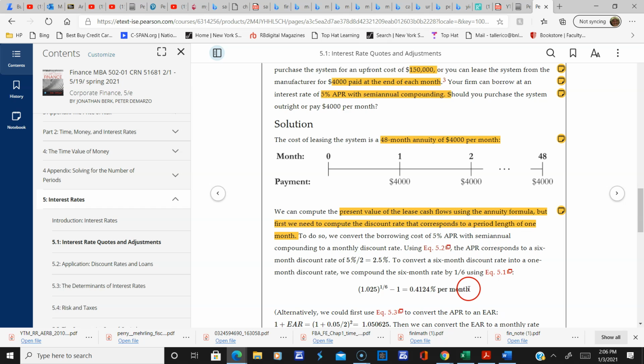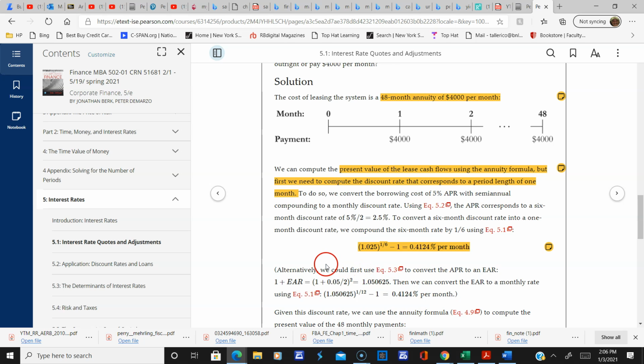This is an effective rate every month with compounding over 6 months, whereby after 6 months it equals 2.5%. So if you take this here and raise it to the 6th power, you'll get 2.5%.